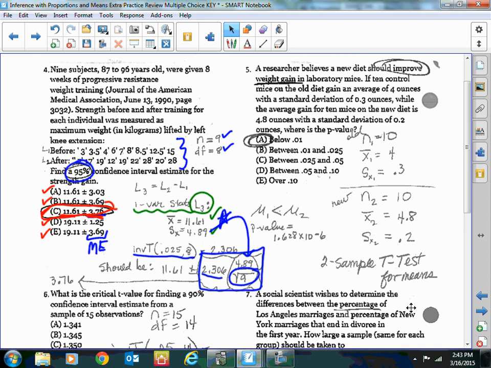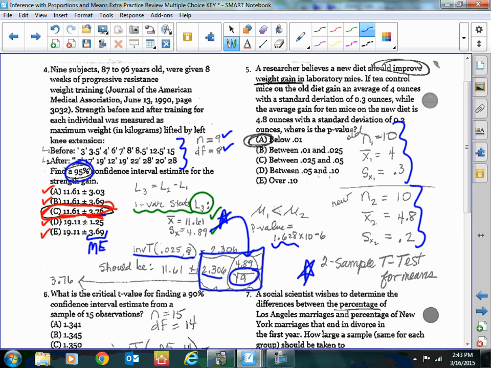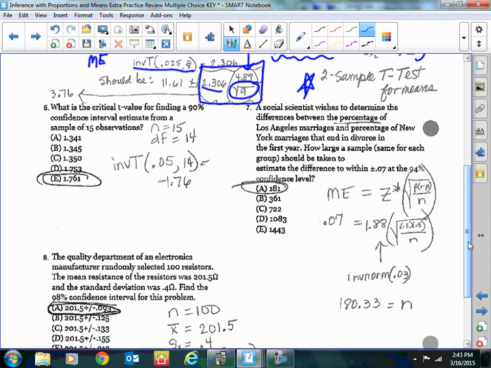So I just put my data into a 2 sample t-test for means, and I got this p-value right here, which is obviously below 0.01. So that was just straightforward recognizing that as two separate groups of mice. I think that was the tricky part. I wanted to make sure it was not paired mice that were on the first diet and then on the second diet.